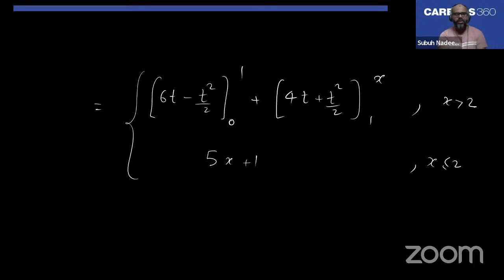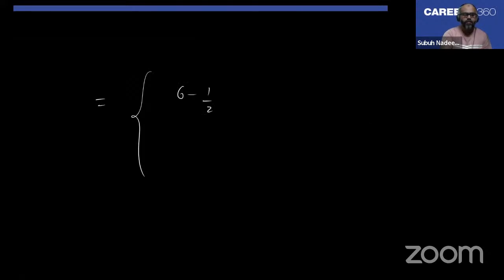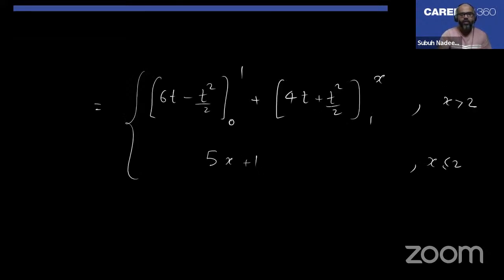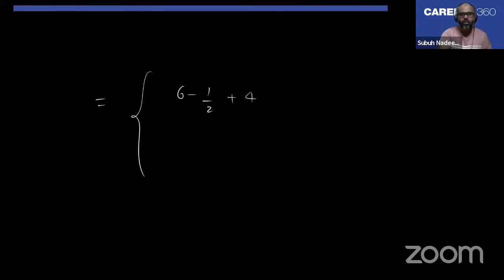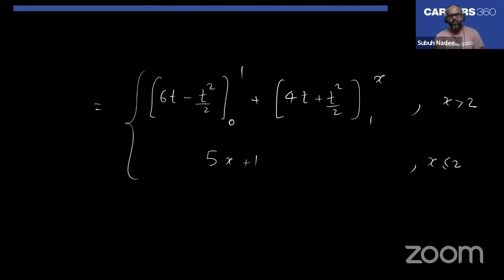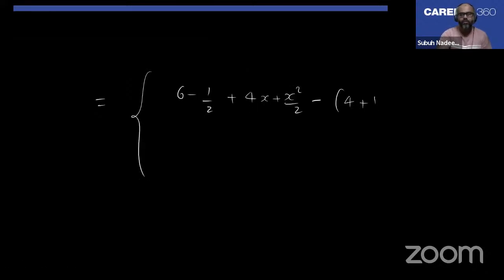Now this is equal to 6 minus 1 by 2 on putting the limit, and then here 4 plus 4x plus x square by 2 minus, putting 1, it will be 4 plus 1 by 2, for x greater than 2, and 5x plus 1 if x is less than or equal to 2.